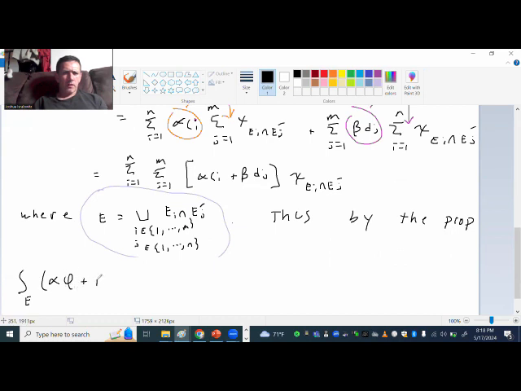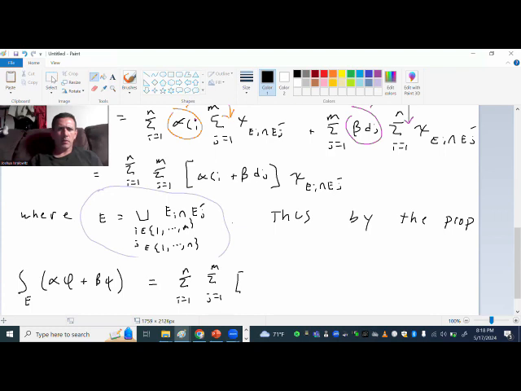this is going to be equal to the sum. That is easier to write as a double sum here, I think. Yeah, I'll just copy this here. Might be a little easier to do that.